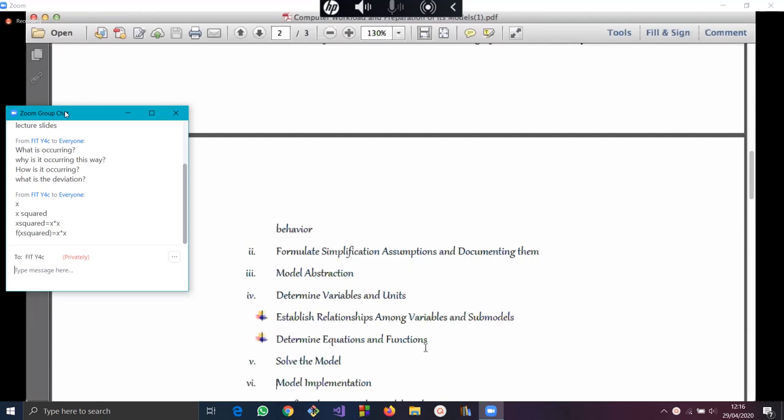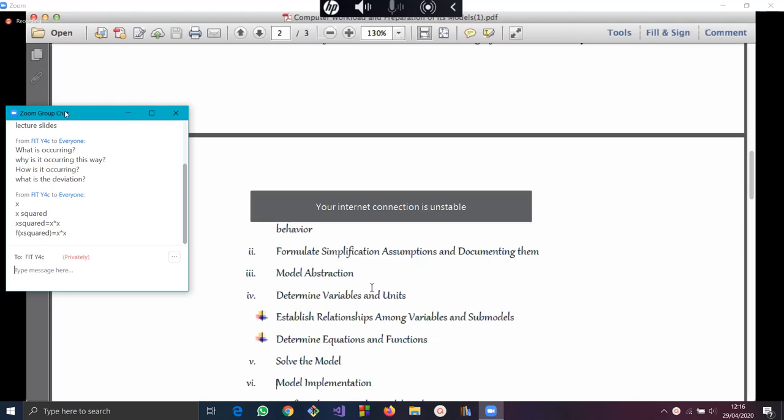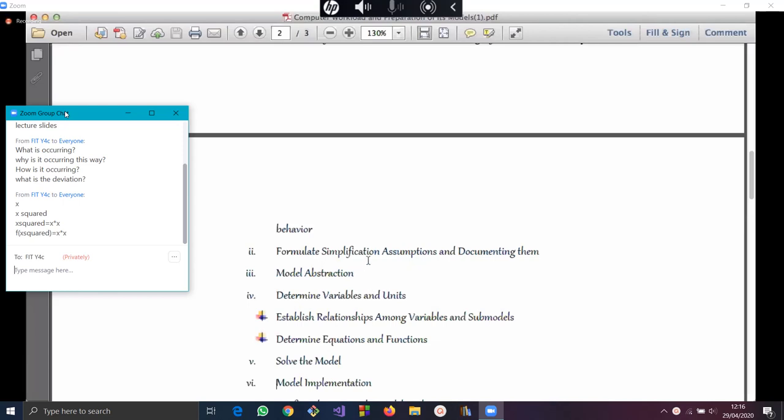So in that particular case, I am putting what I call an equation and a function. Then I reach somewhere, I say let x squared be, let's say, k. So when I say let it be k, I can say k is equal to x multiplied by x.